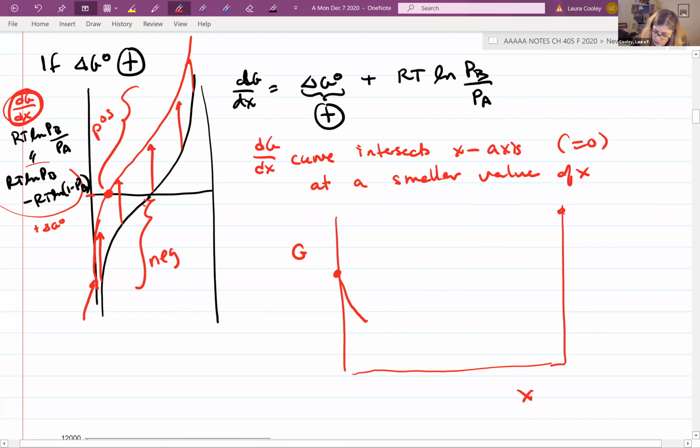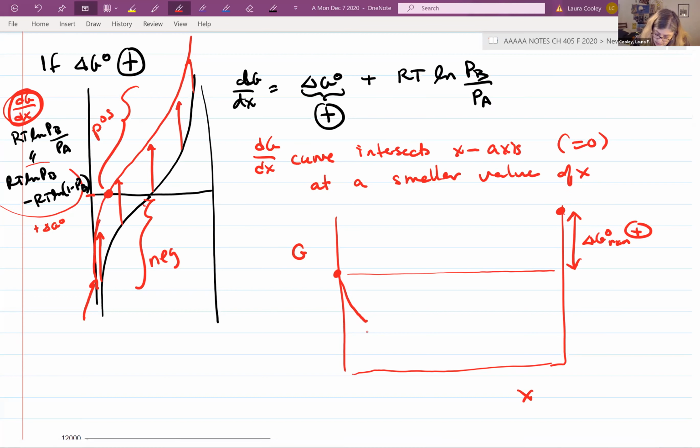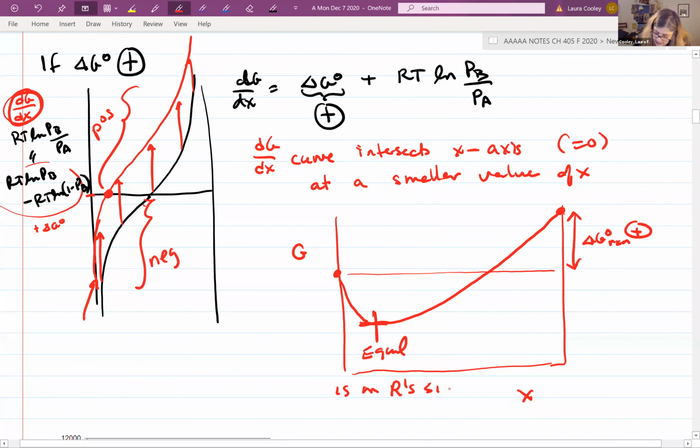Delta G0 positive means that the difference for this reaction goes up for the products. So you have a situation like this, where your equilibrium, which is down here somewhere, I didn't do a very good job illustrating that, is on the reactant side.